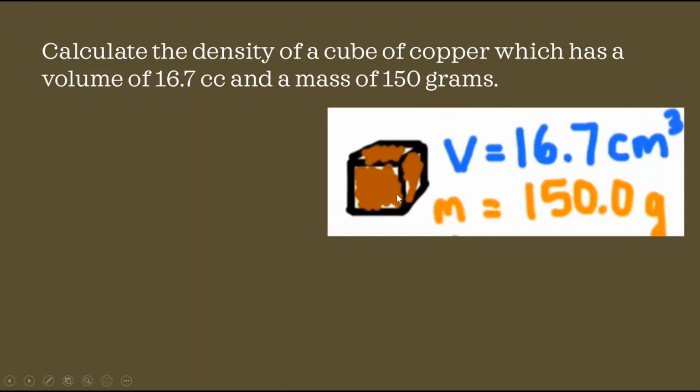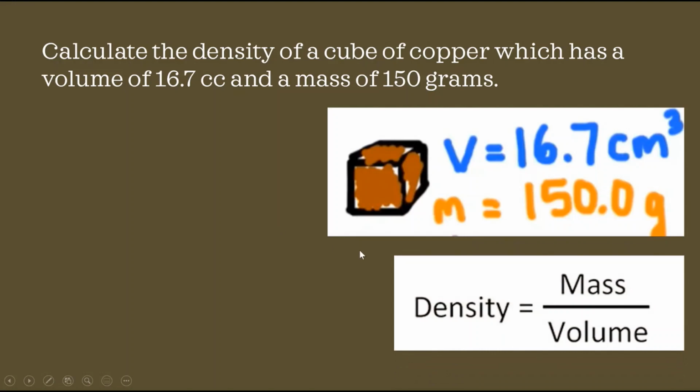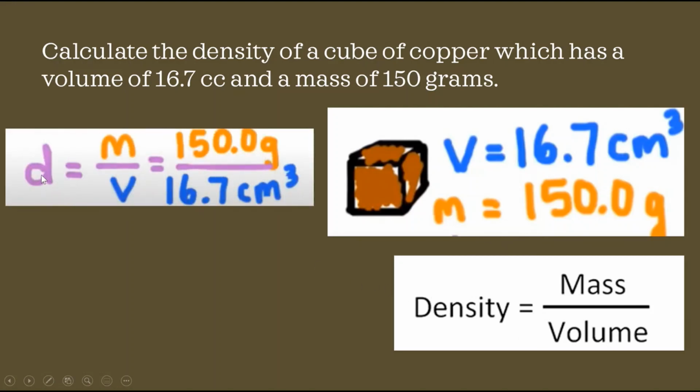So you can imagine this cube of copper with a volume of 16.7 cc and a mass of 150 grams. We will use the formula as described before, density is equal to mass divided by volume, right? So density equals m by v, which is 150 divided by 16.7, that is the mass divided by volume.